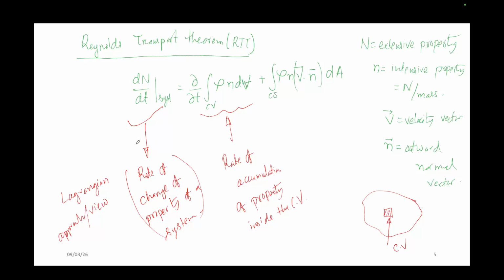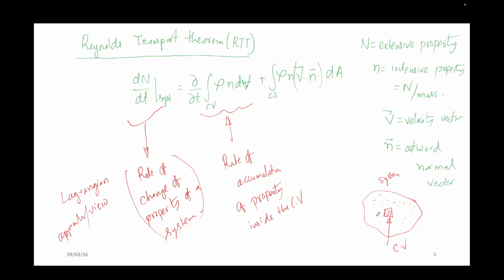On the left hand side it was the rate of change of property of a system. The system is the whole body, this is your system, so the left hand side is talking about this whole system. What are the overall changes you will observe in this system? That has been included in the first part on the left hand side, whereas on the right hand side the first thing is the rate of accumulation of the property inside the control volume.